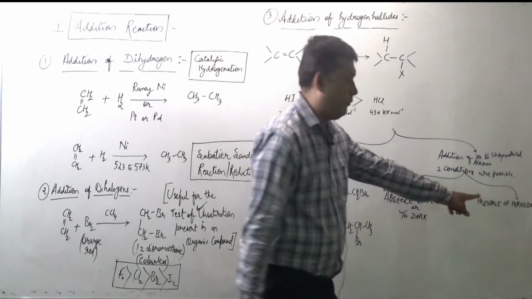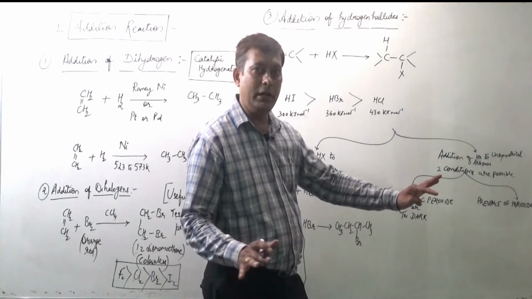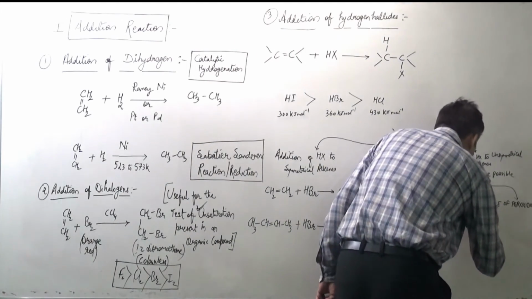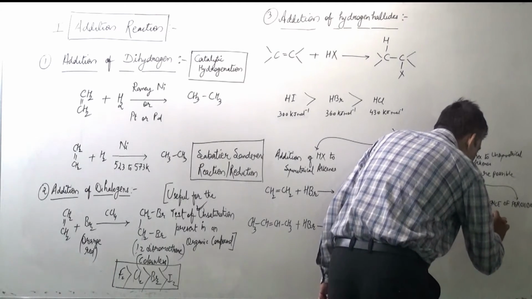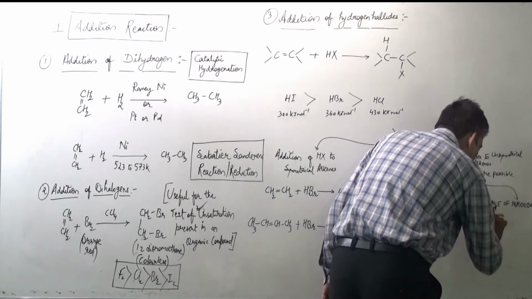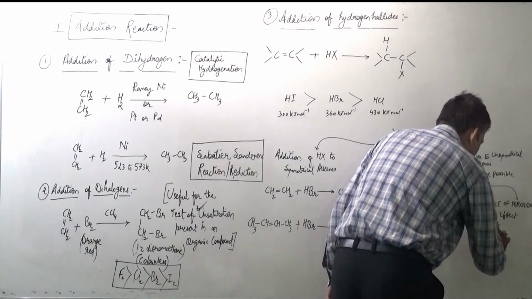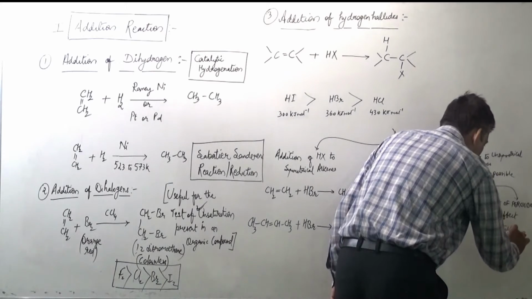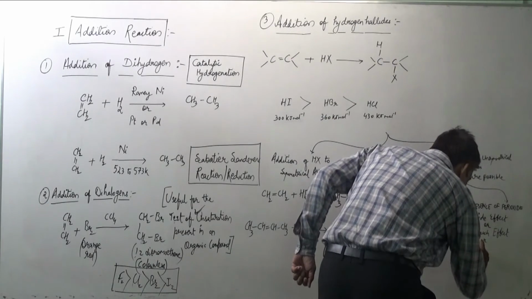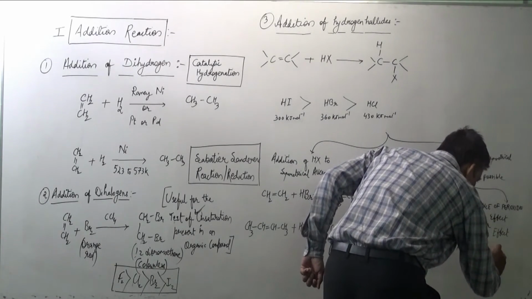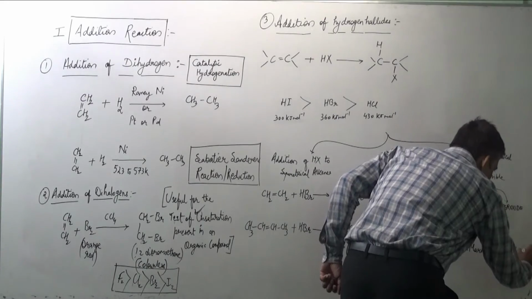If the reaction takes place in the presence of peroxide, then this kind of reaction or condition is called the peroxide effect, or Kharash effect, or anti-Markovnikov's effect.